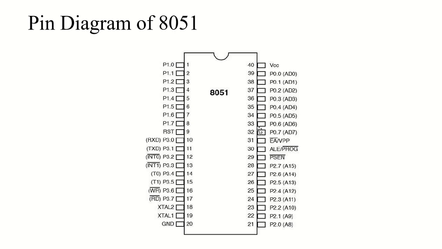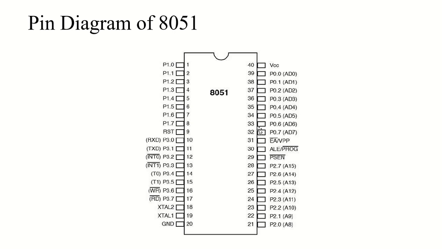You need to connect them with the 10,000 ohm pull up resistor, and I'm talking about each and every single pin. I'm not talking about the port in general, I'm talking about each and every single pin. So you need to connect each and every pin with an external 10,000 ohm pull up resistor.